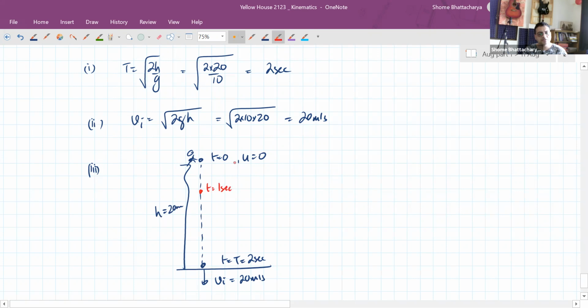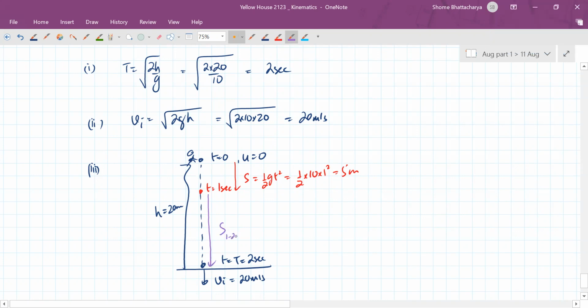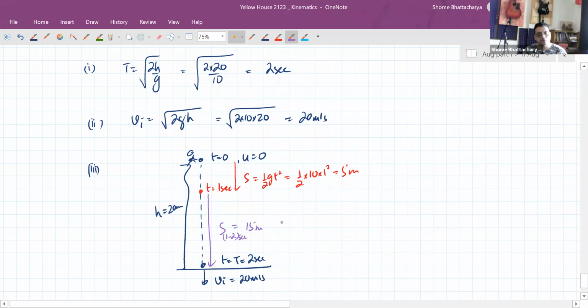at t equal to 1 second, you can see that this displacement is half gt square, so that is 5 meters. So from here to here, how much is it traveling then? It's traveling 15 meters. So this displacement from 1 to 2 seconds is equal to 15 meters downwards.